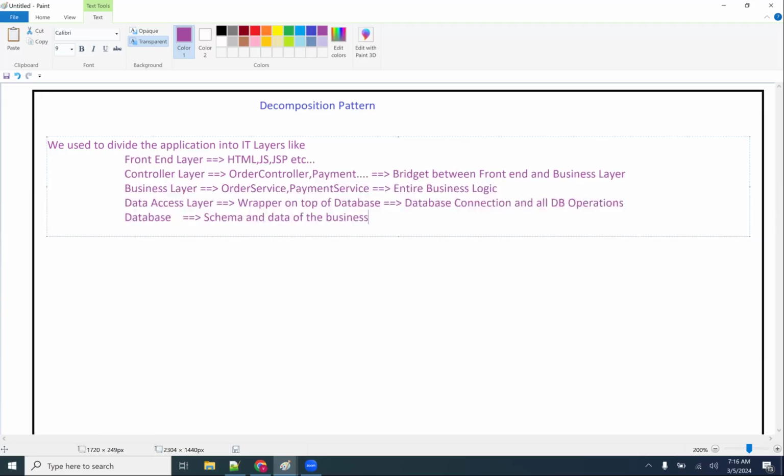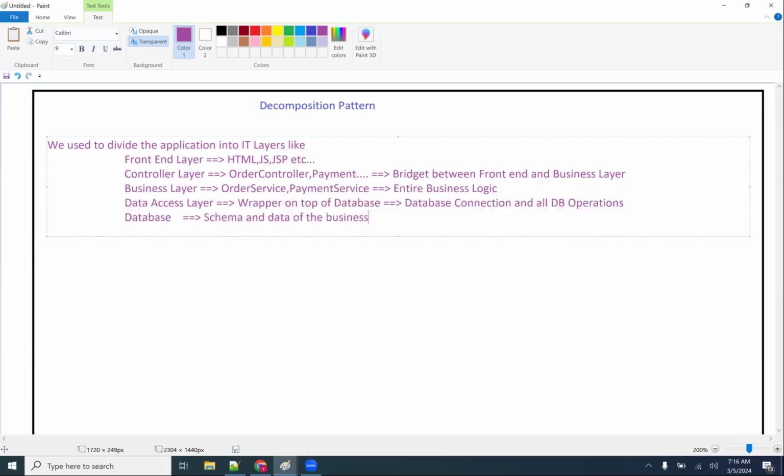The person who works on the front end can work on the front end only. There is no impact. The person who works on the business layer works on the business layer itself. And the person who works on the database. So we can develop the application in parallel.